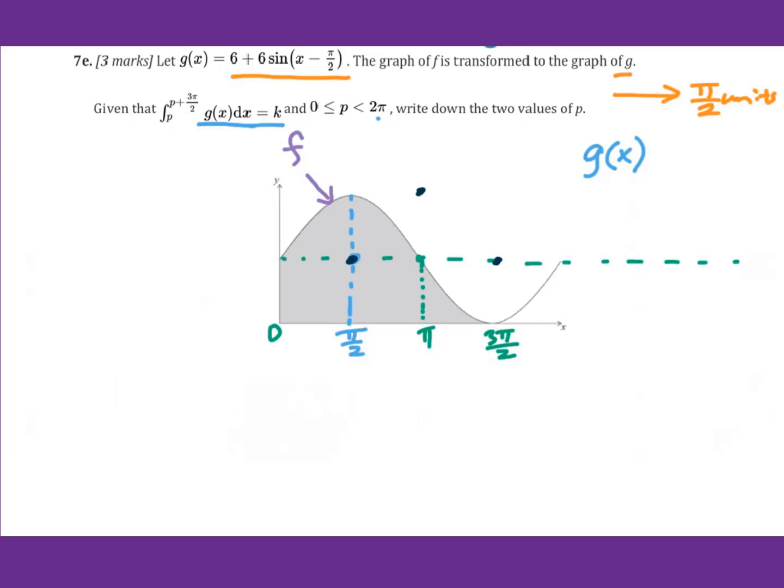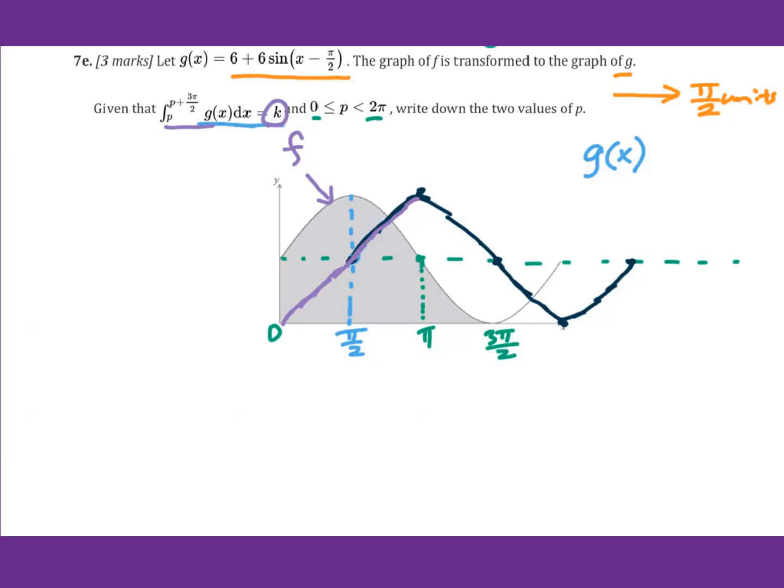This will be the point, and this will be the point, and this will be the point. We will sketch the graph like this. Since p is between 0 and 2 pi, I will extend the line like this. This shaded area is k.